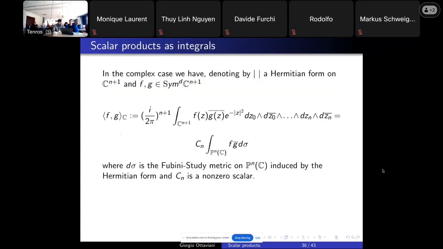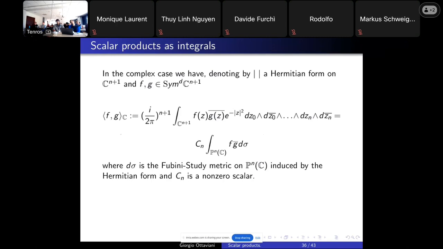And now something which connects this with what I did in analysis. So in analysis, there is a well-known scalar product of functions, not only polynomials. I start now with the Hermitian version, and you find this expression: you have f and g, you take f, you multiply by g, and you integrate over all complex numbers.